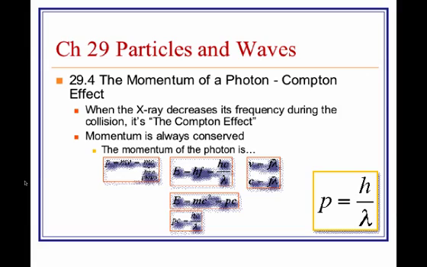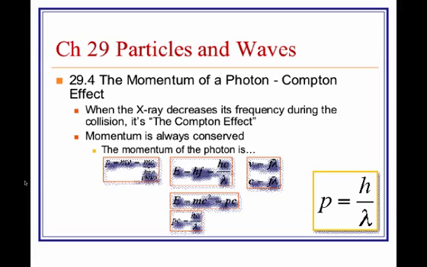We've talked about the energy in a photon, and this is determined by Planck's constant and the frequency of that photon. We also know that momentum is mass times velocity, and the velocity of a photon is the speed of light.